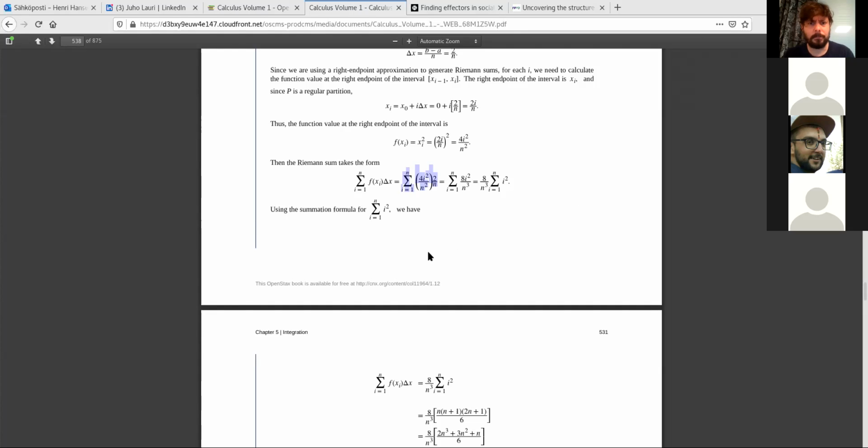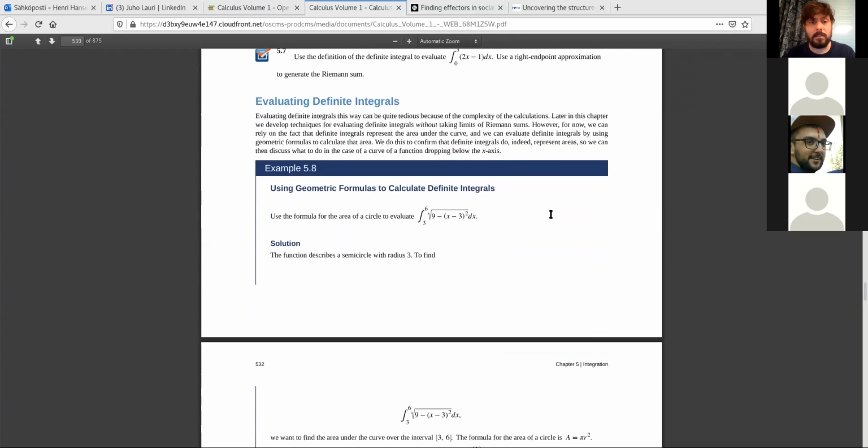So I'm going to do it here. We're looking for the sum as i ranges from 1 to n of f(xi star) times delta x. And we need to figure out what that delta x is. Well, it's pretty simple.